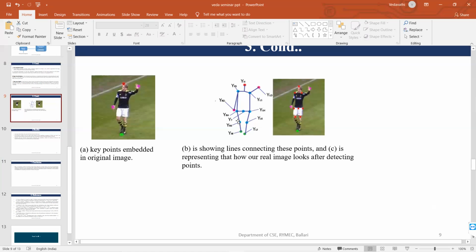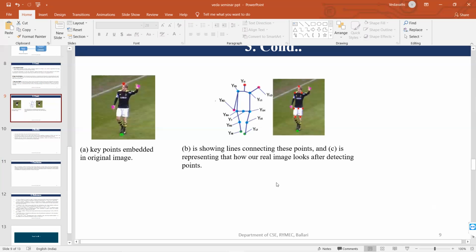You see, this seminar is not for implementation. It is just to know about the techniques. But in image processing, we'll use a line detection algorithm itself, sir. We have one algorithm called the line detection algorithm. Using that only, we will identify and connect all these lines, sir.